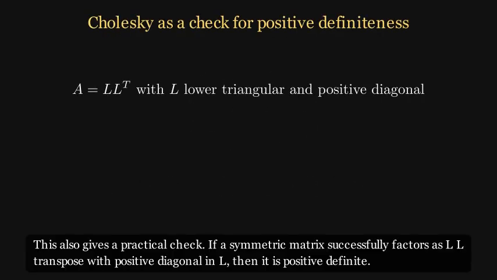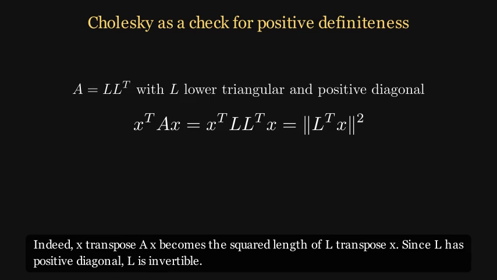This also gives a practical check. If a symmetric matrix successfully factors as LL transpose with positive diagonal in L, then it is positive definite. Indeed, X transpose AX becomes the squared length of L transpose X. Since L has positive diagonal, L is invertible.